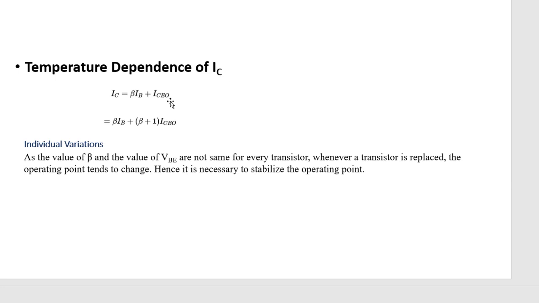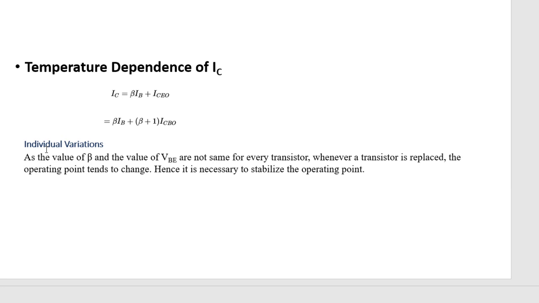Next is the individual variations. What is meant by individual variations? As I told you earlier, the value of beta might be different for different transistors of the same type. Even if we purchase two BC547 transistors, the same transistor BC547, the value of beta will be different for the two transistors.